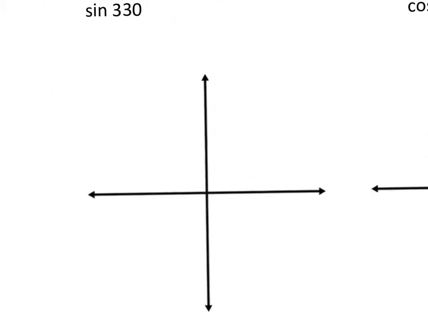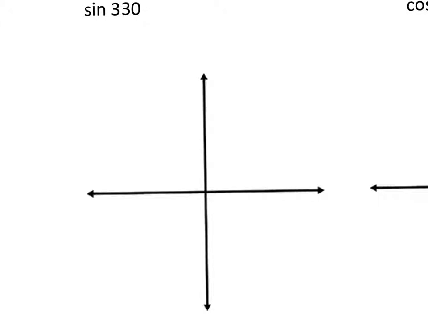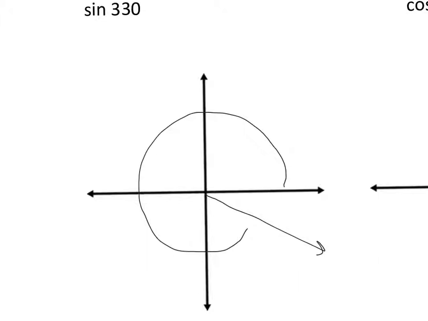Okay, the sine of 330. So 330 is go all the way around until you're 30 degrees short. So it's a 30-degree reference triangle. Go up, make a 90, label your side lengths. If the unit circle has a radius of 1, this has to be 1/2, and this has to be root 3 over 2.